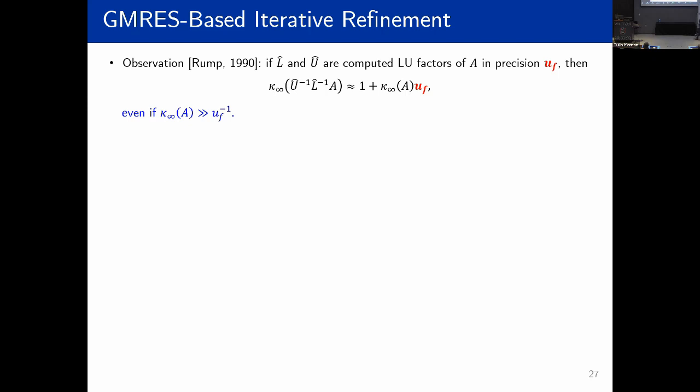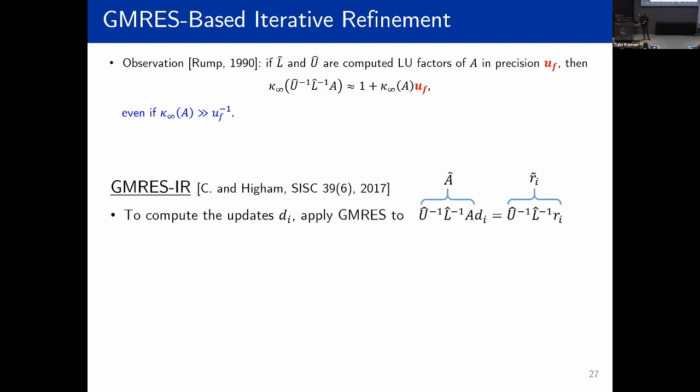So my LU factors can be almost total garbage, and they still somehow make reasonable preconditioners, in terms of reducing the condition number, let me qualify.